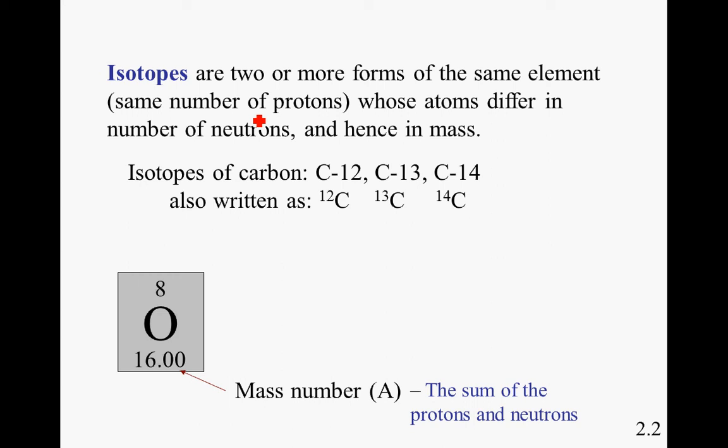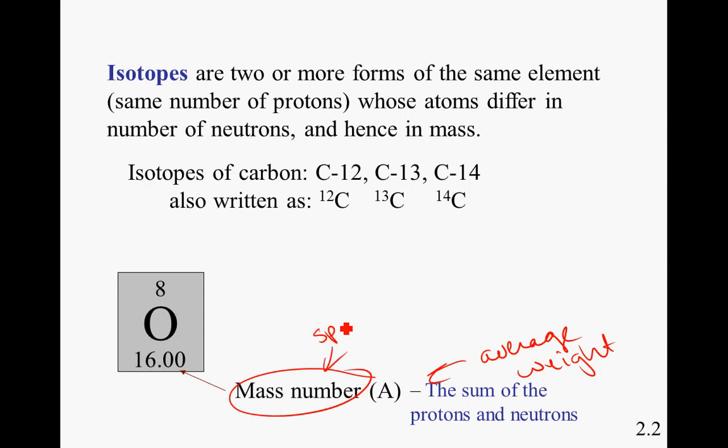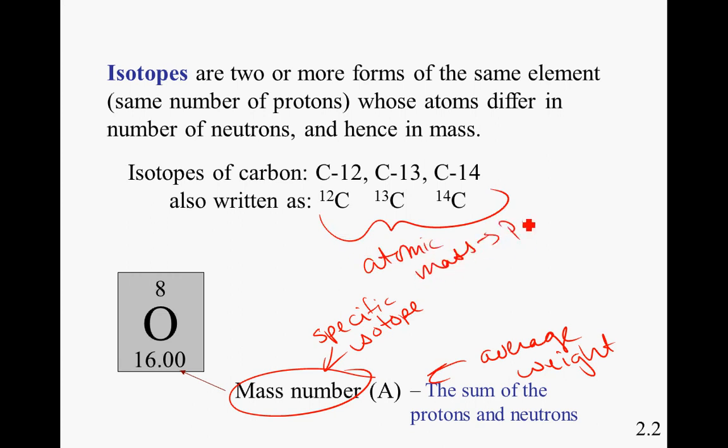This is why the average of the masses is taken. So this is the average. It's only the mass number if it's for a specific isotope. When we average all these together, we get the atomic mass, which is on the periodic table.